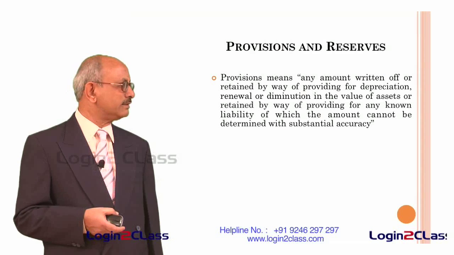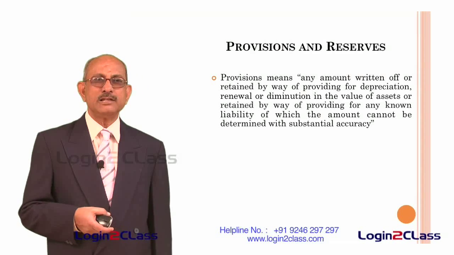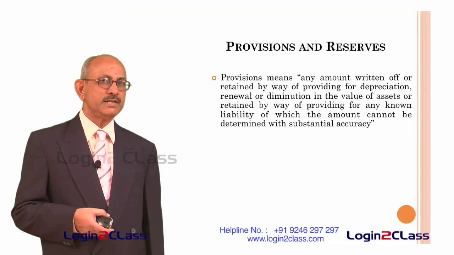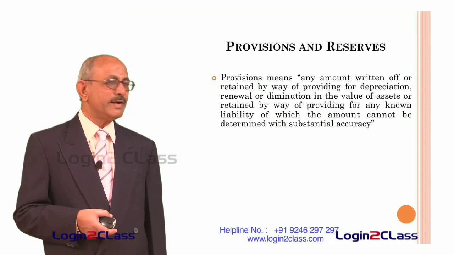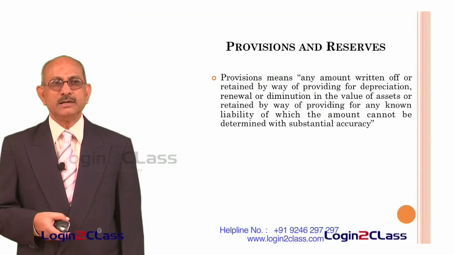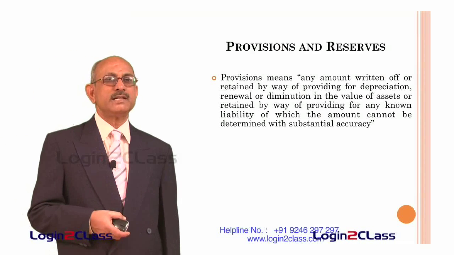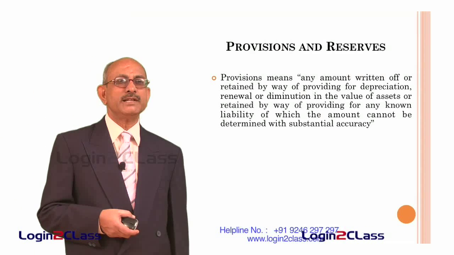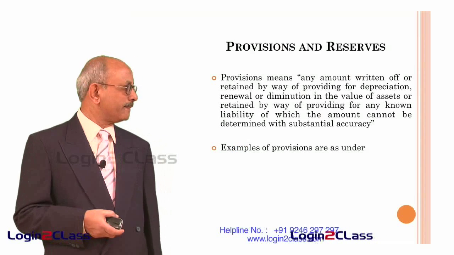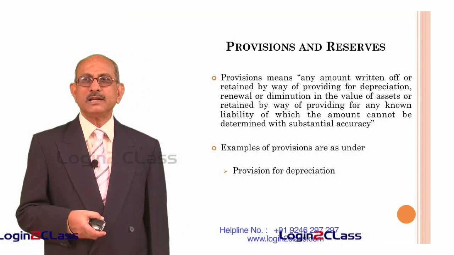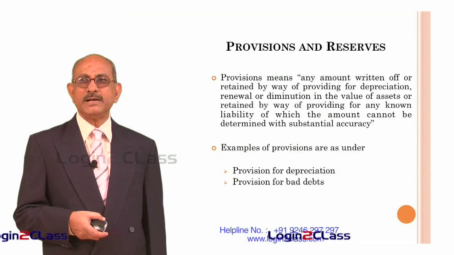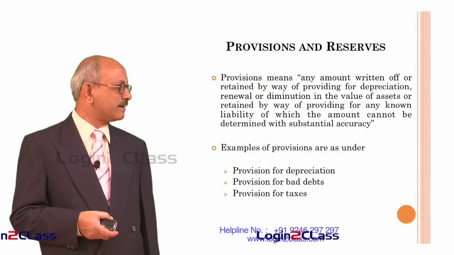So you can set aside a certain portion separately as provision for bonus or wages or whatever it is. So it is providing for a known liability, but the extent of the liability cannot be determined with accuracy at the present point in time. So normally provisions can be for depreciation, provisions for bad debts, provisions for taxes, etc.